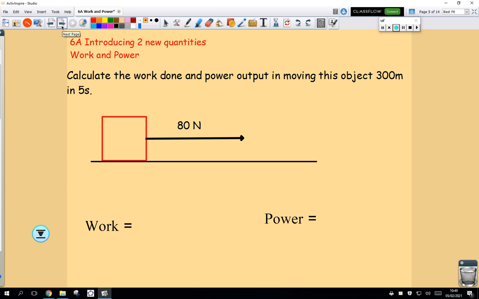Practice. So calculate the work done and power output in moving this object 300 meters in 5 seconds. Notice there's a tension force here pulling this along to the right at 80 newtons. Work is force by displacement. The force here is 80. The displacement, well, it's been moved 300 meters.